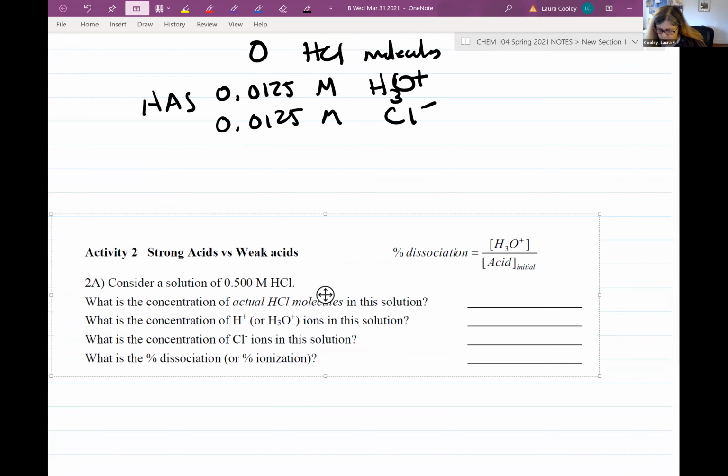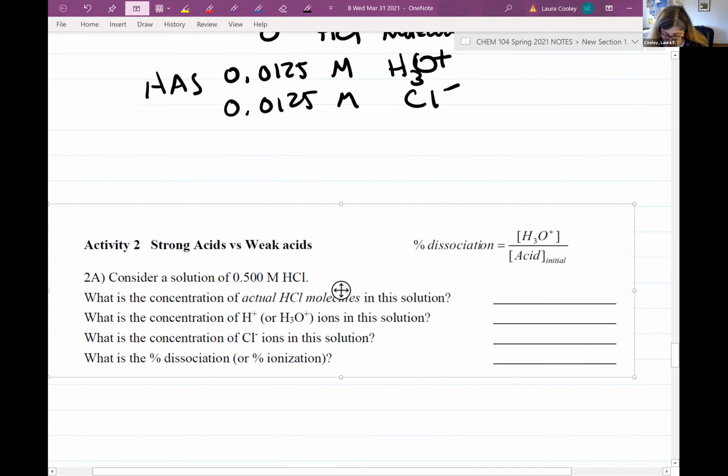Okay, so just like in the previous example, what this is asking is about a 0.5 molar HCl solution. So what is the concentration of actual HCl molecules in the solution? What's the answer to this question here?